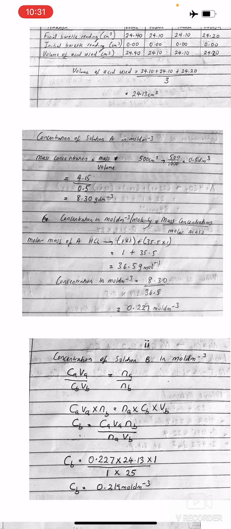So that's the mass concentration, or the concentration in gram per dm³. But that is not what we are looking for. We are looking for the concentration in mole per dm³, or molarity. You can call it concentration in mole per dm³, molarity, or molar concentration, depending. It's still the same thing. So it is mass concentration over molar mass.